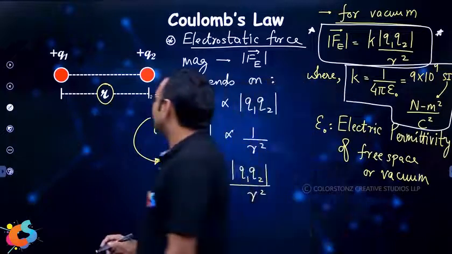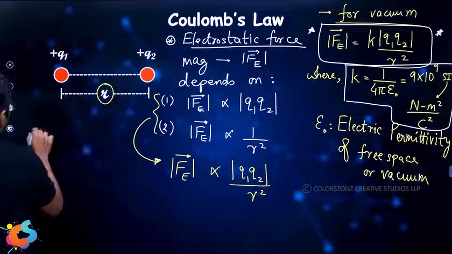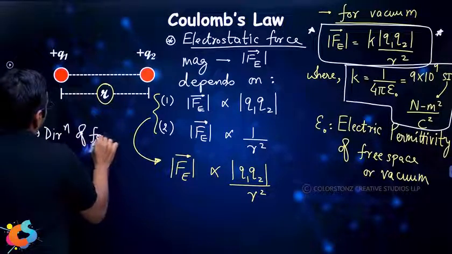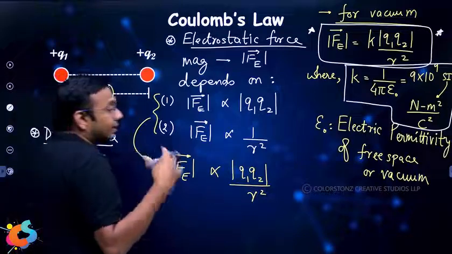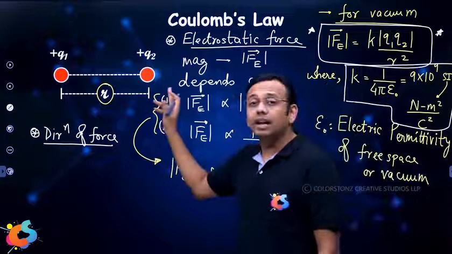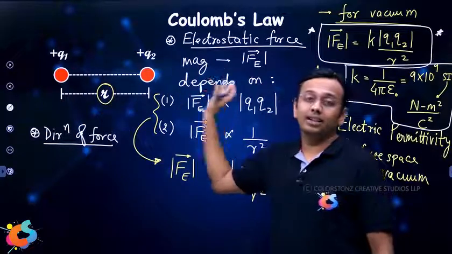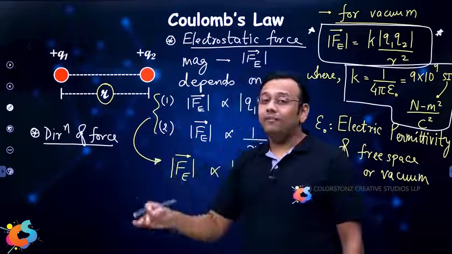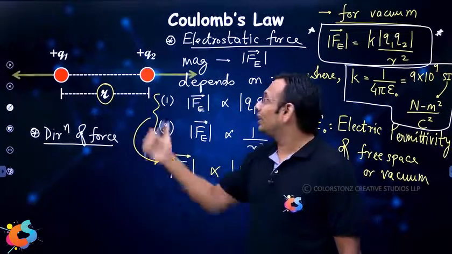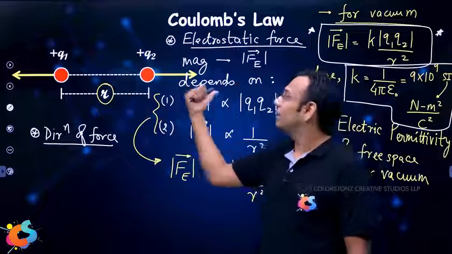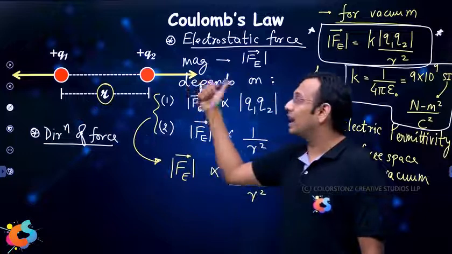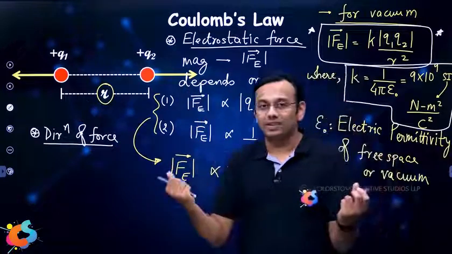Very important: the direction of force will always be along the line joining the two particles. And if they are like charges, like in this case, then the force is going to be a repulsive force. As you can see how I've shown the two forces, these are repulsive forces.